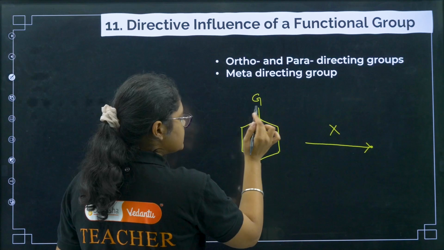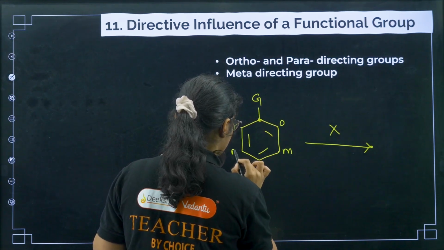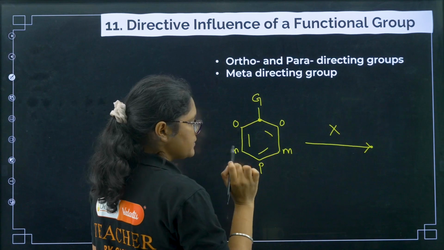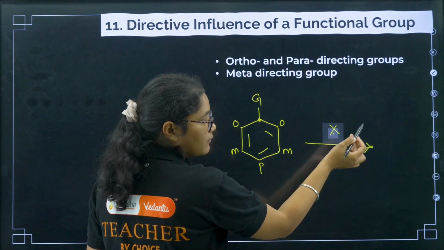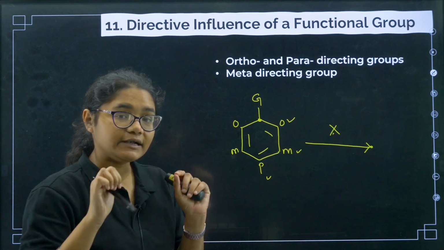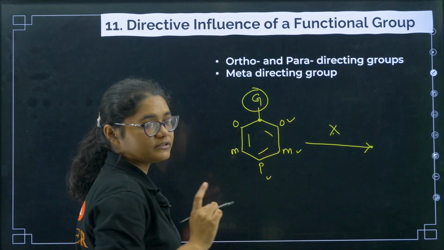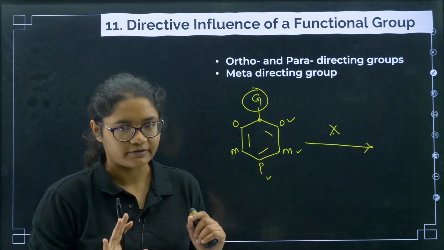According to this group, these are the ortho positions, these are the meta positions, and this is the para position. Whether this group X attaches at ortho, meta or para will depend on the nature of the functional group already present in the benzene ring.